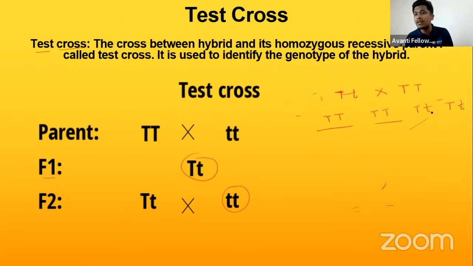So here, all of them will be tall plants. By seeing the phenotype of the plants, I would not be able to recognize whether it has a recessive gene, whether it is homozygous or heterozygous. So this type of cross, where an F1 generation is crossed with a homozygous dominant plant, is called an outcross. For us, which type of cross is very significant? Test cross is very significant.